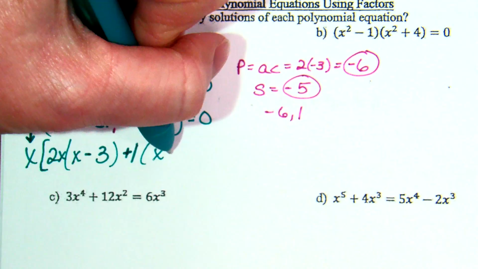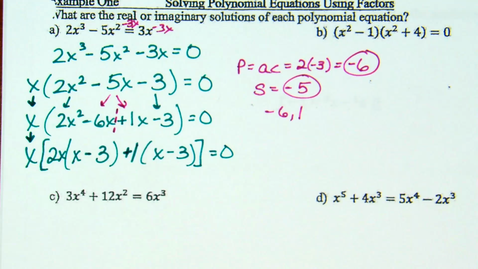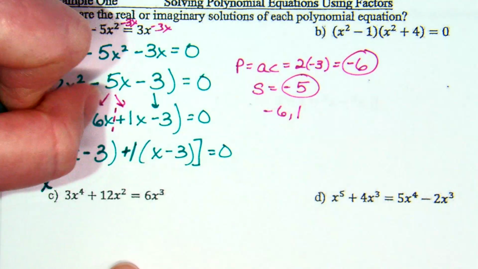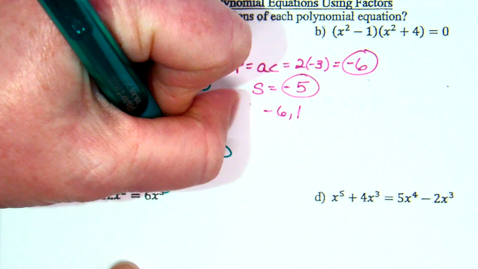Minus 3 divided by 1 is still minus 3. Guess what? The x out on front carries down still. And the rest of it's going to be in 2 parentheses. Does that sound familiar?